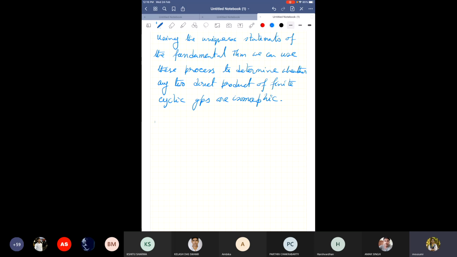So let us consider one example. I am asking whether Z6 cross Z15 is isomorphic to Z10 cross Z9. Suppose this is the question.